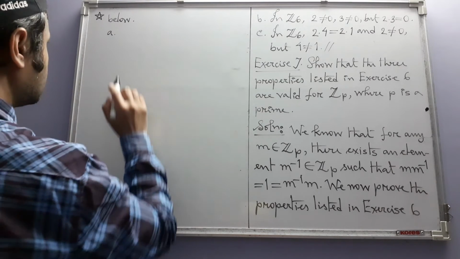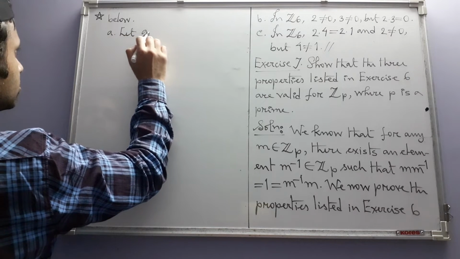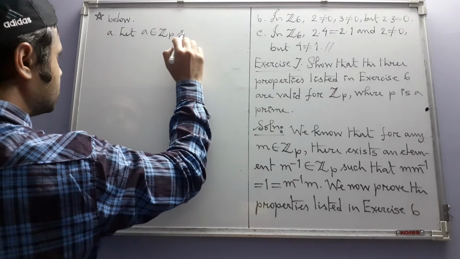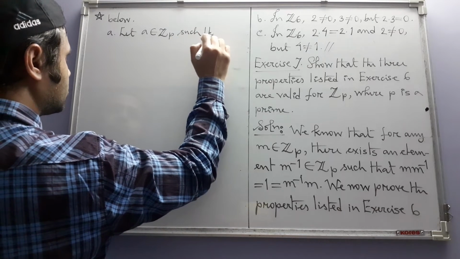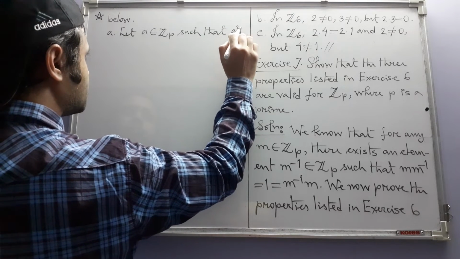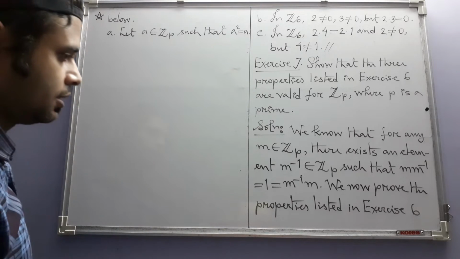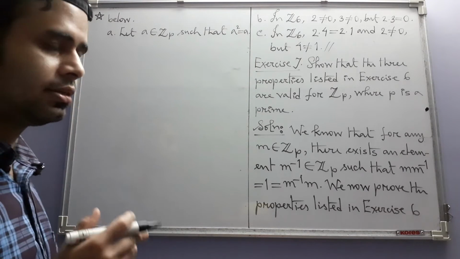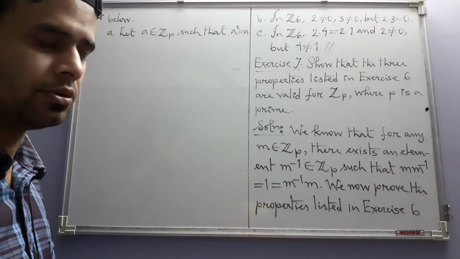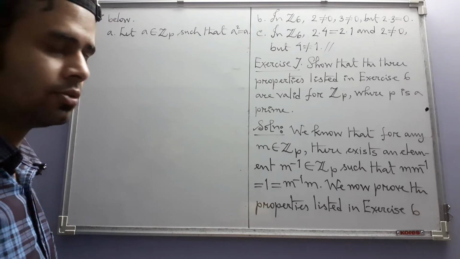A. Let A be an element in Zp such that A square is equal to A. Okay, so what is it that we have to prove? We have to prove that either A is 1 or 0. So if A is already 0, of course there is nothing to prove.